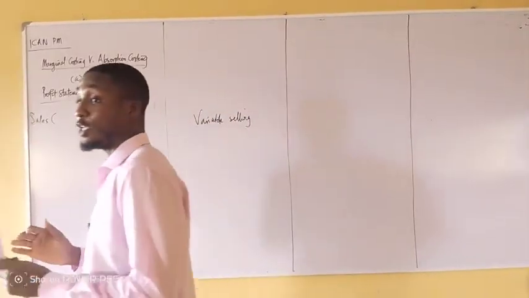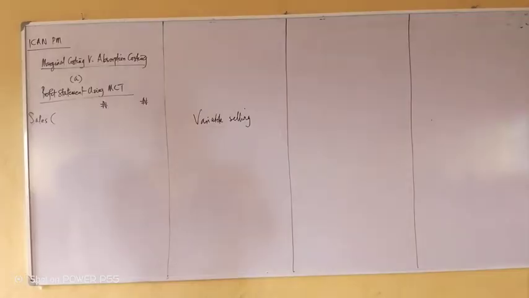Which states that the income for a period should be matched against the expense for that same period to get your profit. So what we are checking in your profit statement is the sales for that period, less the cost of goods sold within that same period. So any goods that you produce but you didn't sell cannot form part of the cost for that period. Instead, you value it as your inventory and move it to the next period.